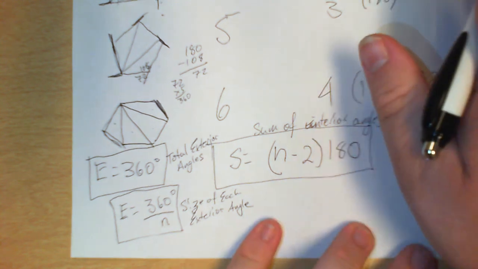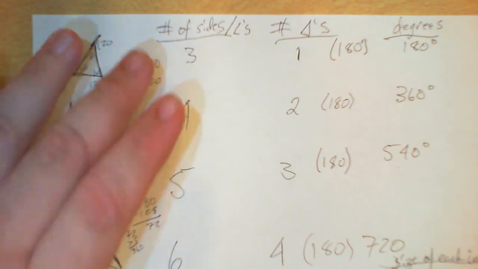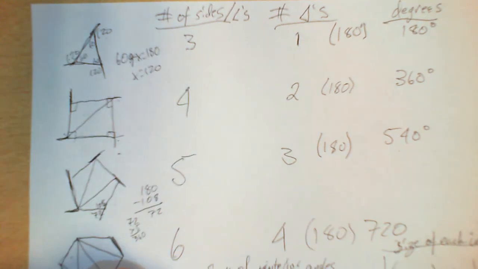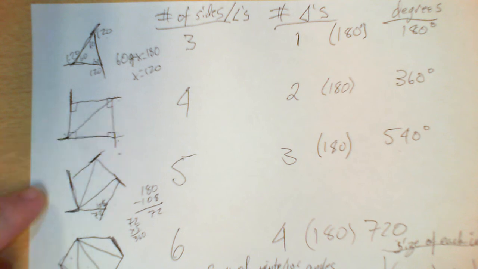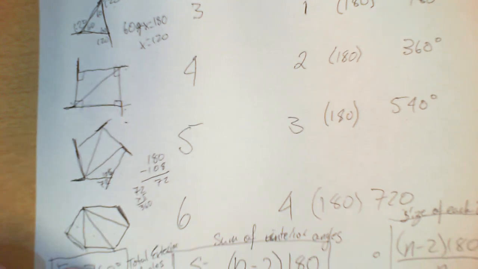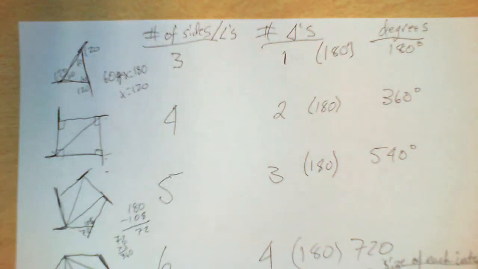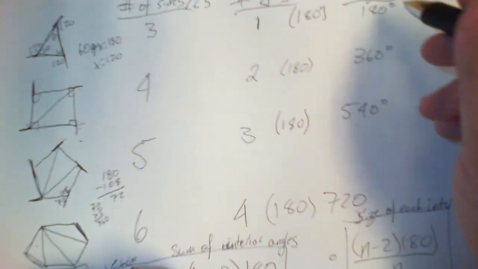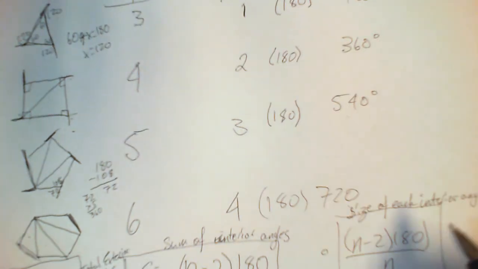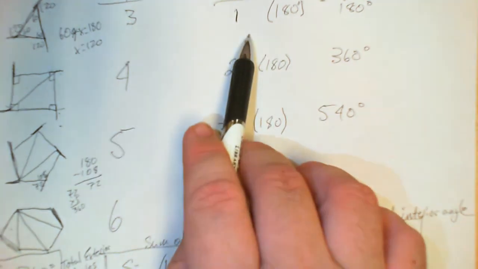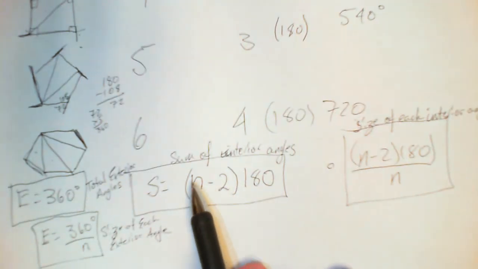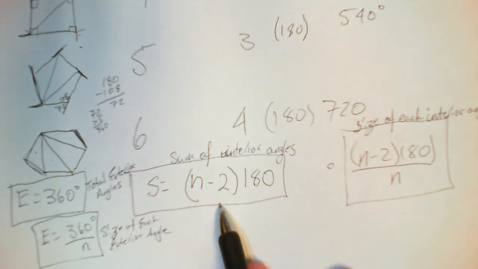So to recap, I take the number of sides or angles that I have. Depending on that, I can form triangles just from one vertex. How many triangles can I form? Multiply those triangles by 180, because that's what the interior angles of a triangle equal. This gives me the number of degrees. The number of sides minus 2 gives me the number of triangles.